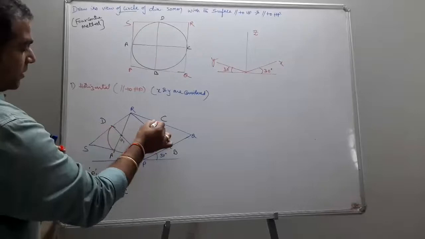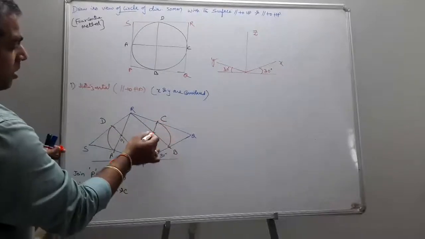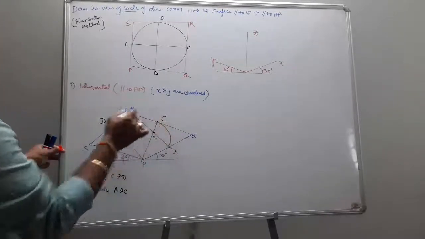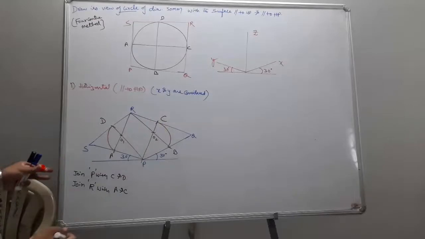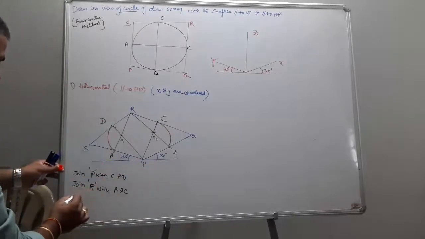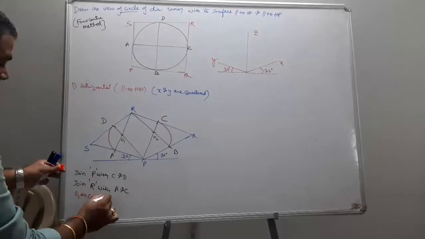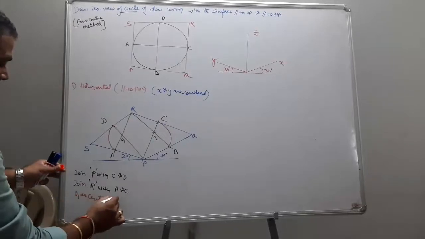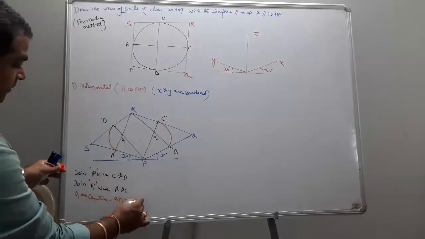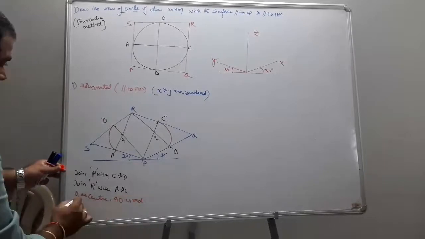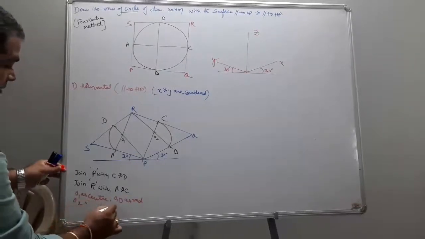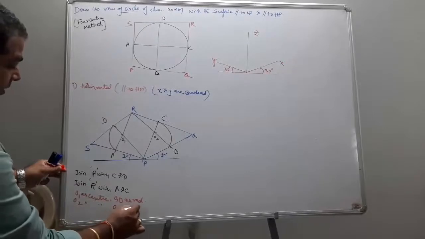Similarly, O2 as center, O2C as radius, or O2 as center, O2B as radius, draw an arc.